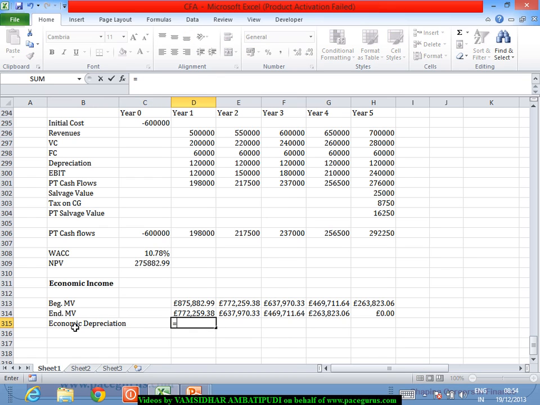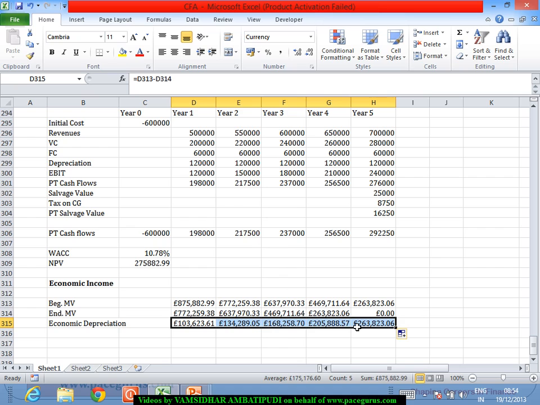And I take the negative, because a decrease in the market value is a positive depreciation and an increase in the market value is a negative depreciation or an appreciation. So if I look at the economic depreciation, it is working out to 103 in the first year, and to these numbers at the end of each of the periods.